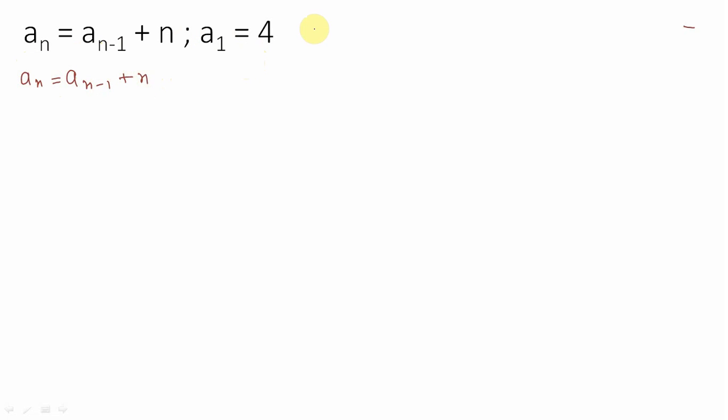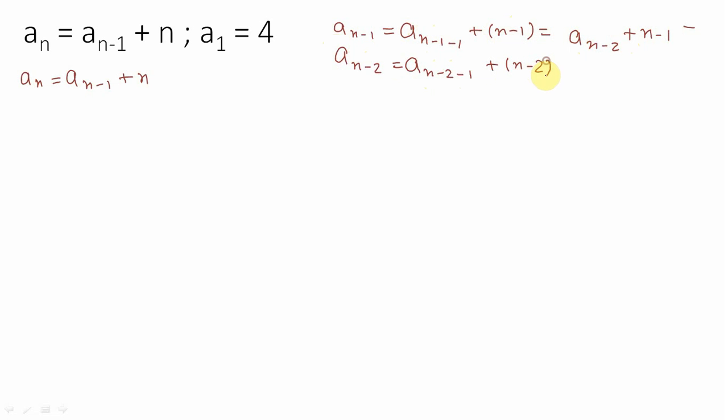Now say if I replace n by n minus 1, this becomes a_{n-1} is equal to a_{n-1-1} plus (n-1), which becomes a_{n-2} plus (n-1). Similarly, I can write a_{n-2} as a_{n-2-1} plus (n-2), so a_{n-3} plus (n-2).